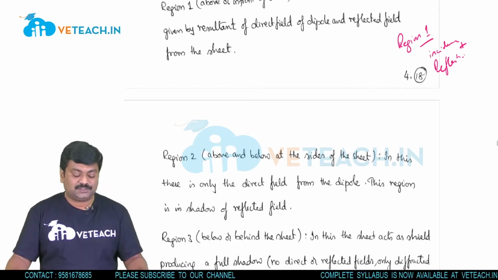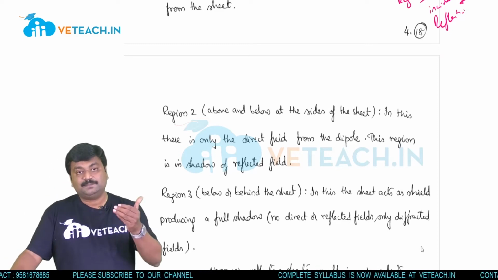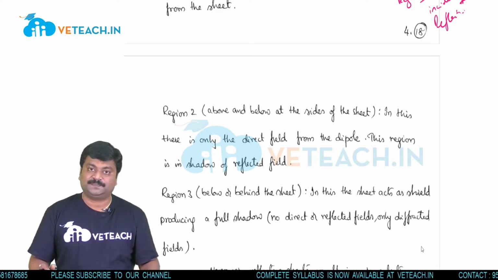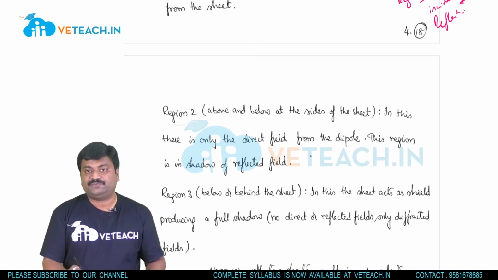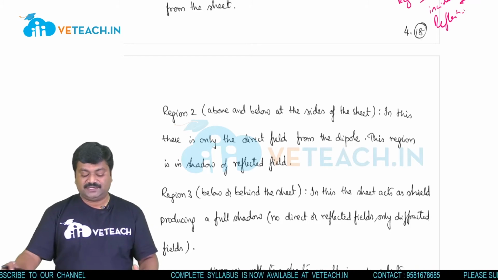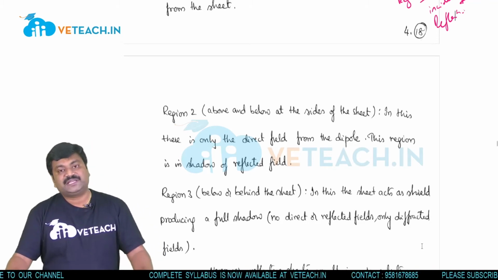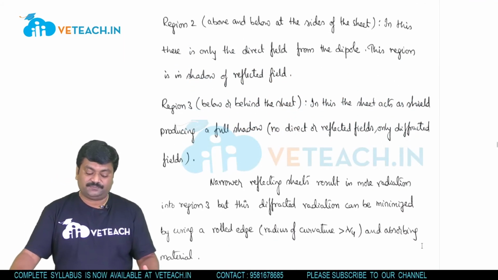Whereas region 2 is above and below the sides of the sheet. In this region, I'll have only the direct field. That is, only the incident field will be taken, or else we can say that it is just a shadow to the reflected field.